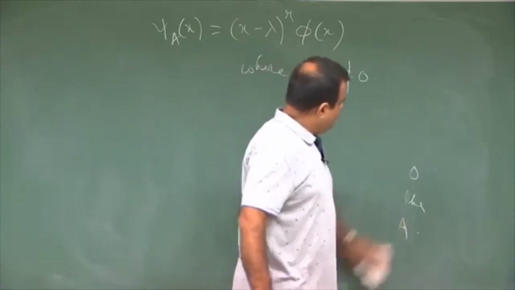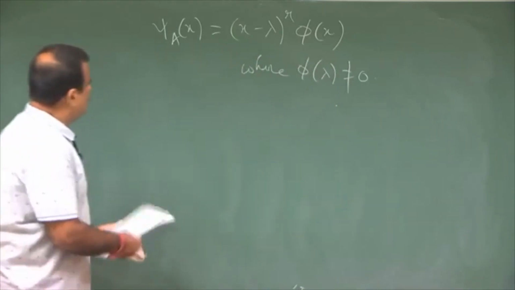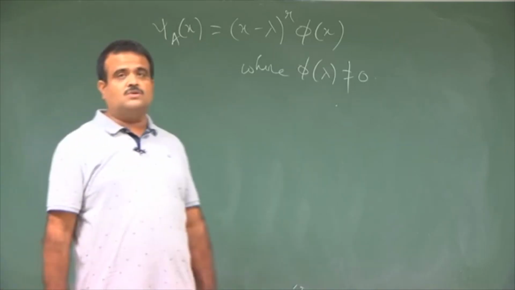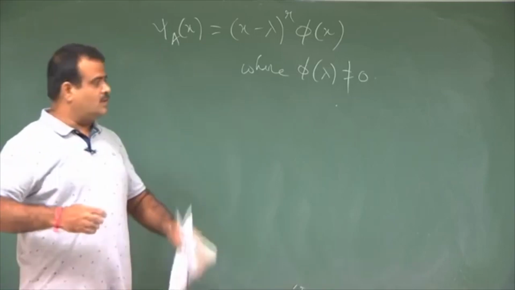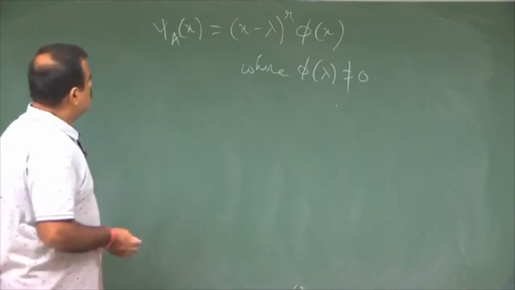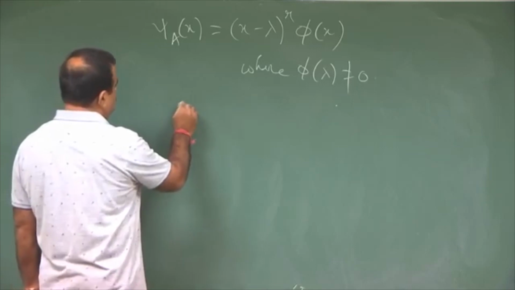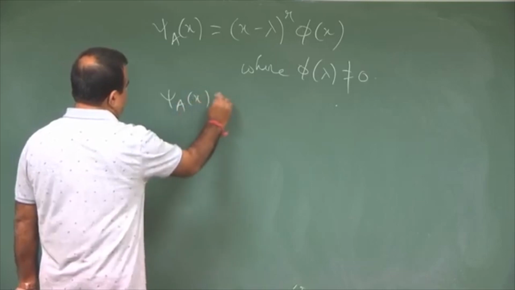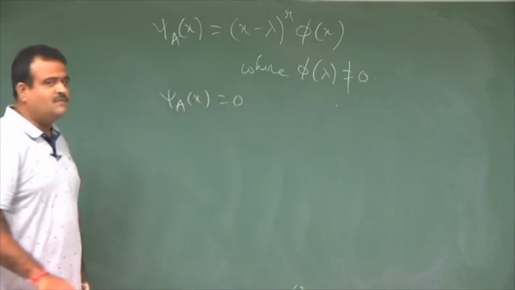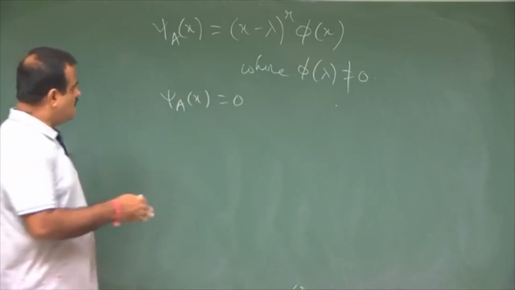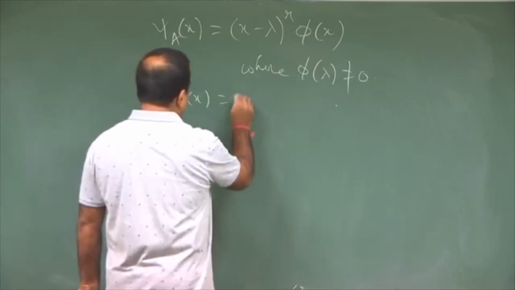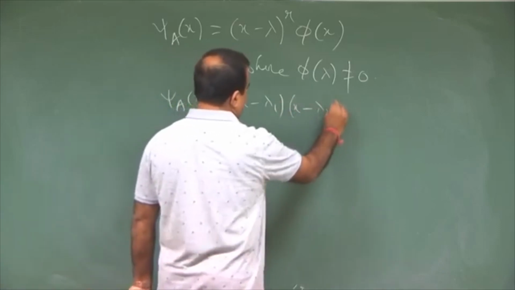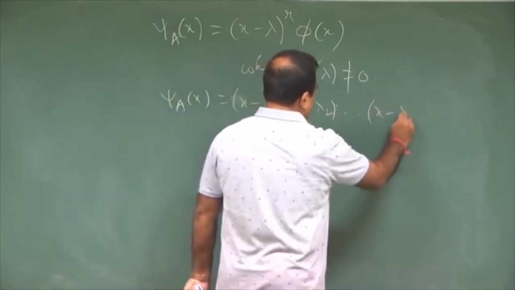So, we know an n degree polynomial has n roots, and we know some formulas such as the sum of the roots and the product of the roots. If we have a polynomial equation of degree n and it has roots lambda 1, lambda 2, up to lambda n, it will be written as some constant times x minus lambda 1, x minus lambda 2, like this, up to x minus lambda n.